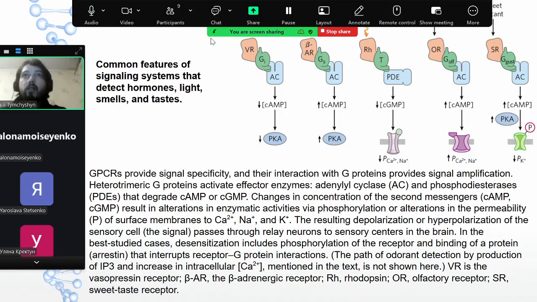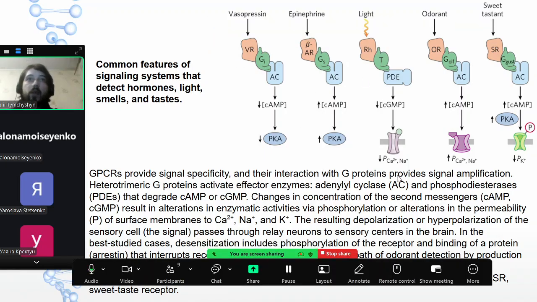Here is another example. Here I am comparing common features of signaling systems that detect hormones, light, smells, taste, whatever we have studied. Here is the example of vasopressin.